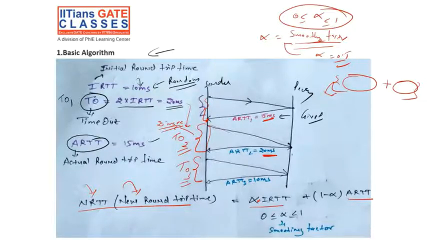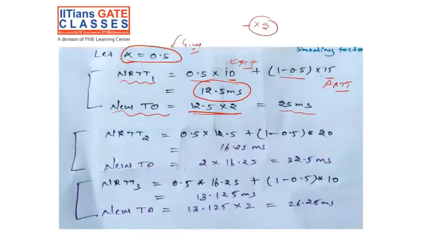For the third segment, see how we are calculating. For the next one we use the same formula, but the new round trip time 1 is the initial round trip time for the next one. NRTT1 is the input for the next one.